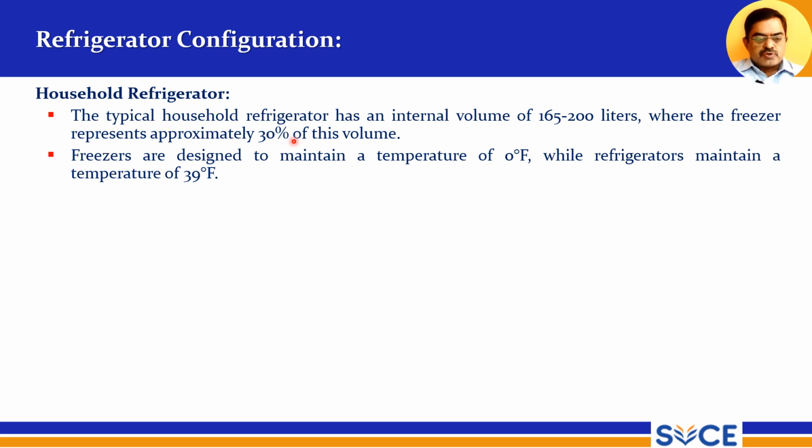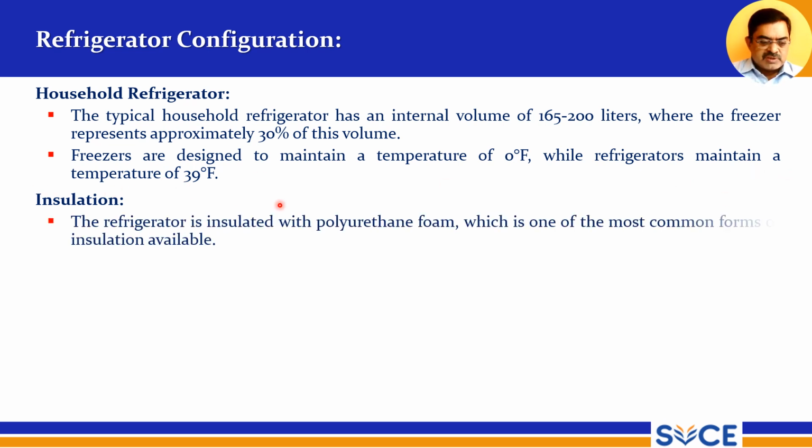The typical household refrigerator has an internal volume of 165 to 200 liters, where the freezer represents approximately 30% of this volume. Freezers are designed to maintain a temperature of 0 degrees Fahrenheit, while refrigerators maintain a temperature of 39 degrees Fahrenheit.